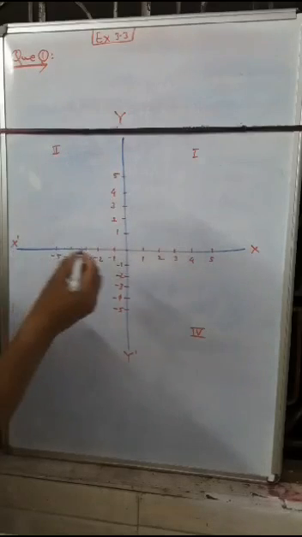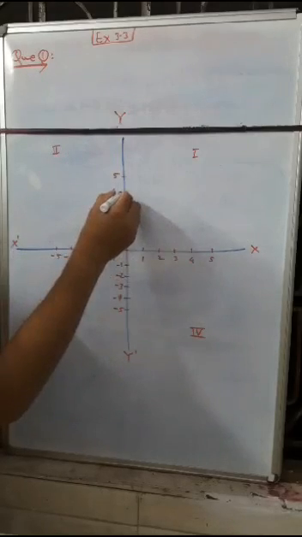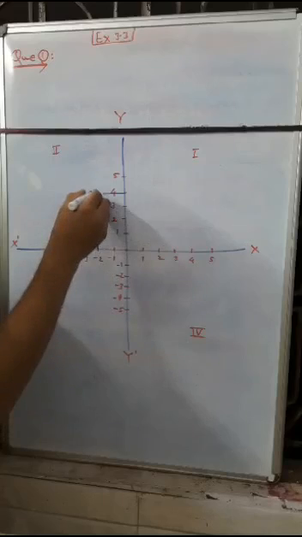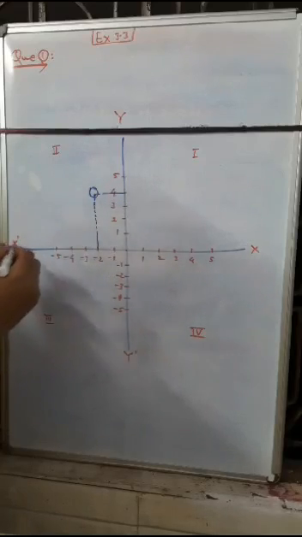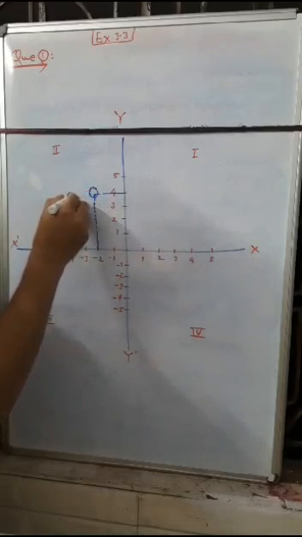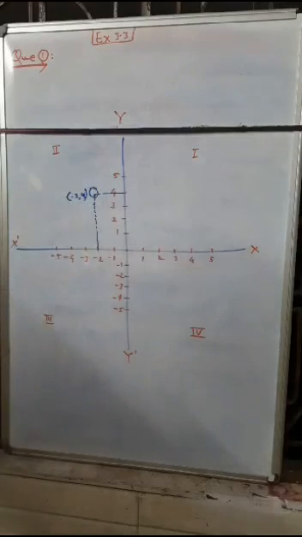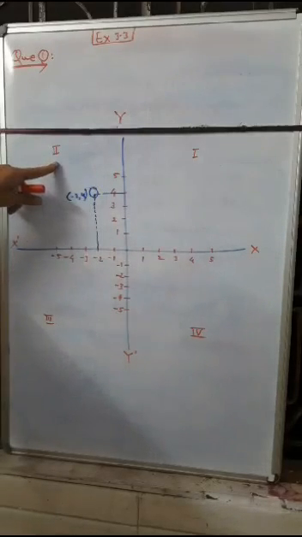So we draw 2 and 4, and we get the intersecting point here. We can write it as the coordinate (-2, 4), which is situated in the second quadrant. We can write the answer: (-2, 4) is situated in the second quadrant.